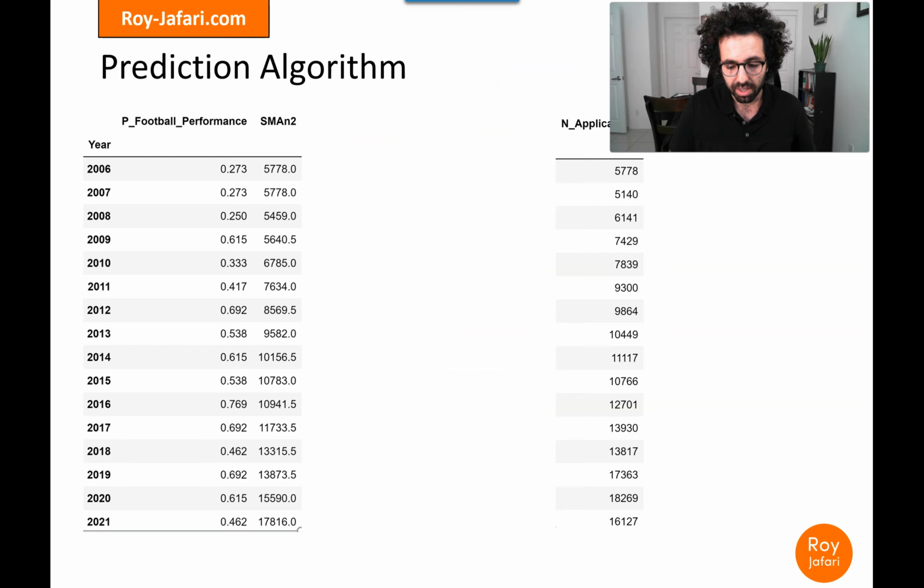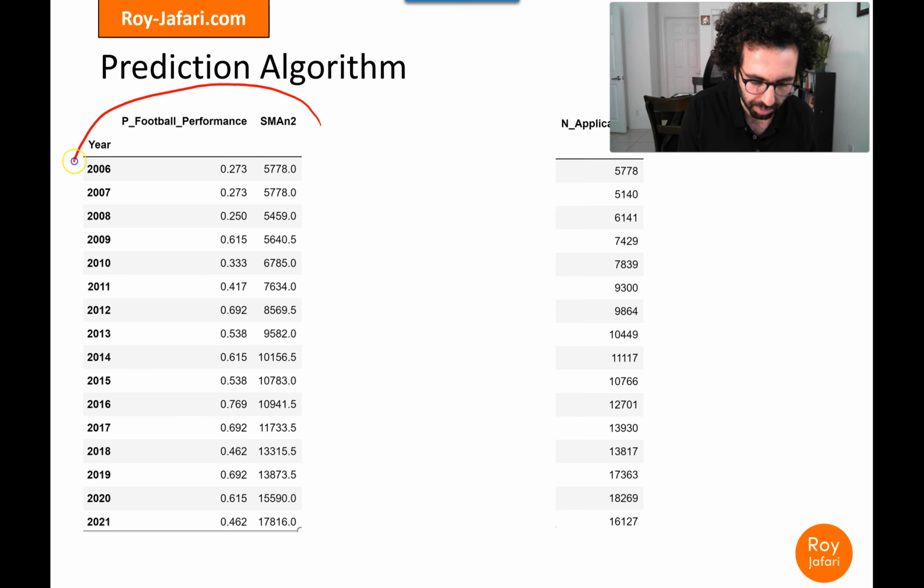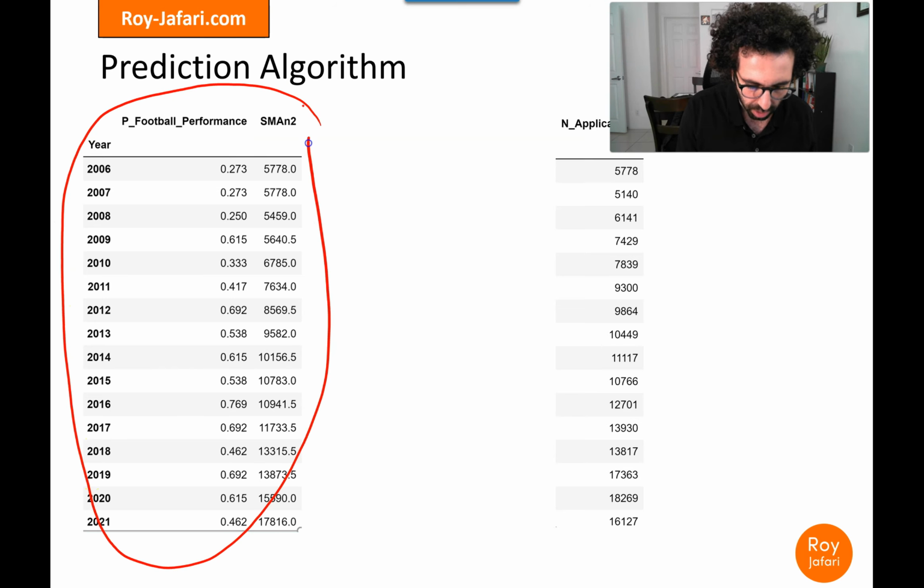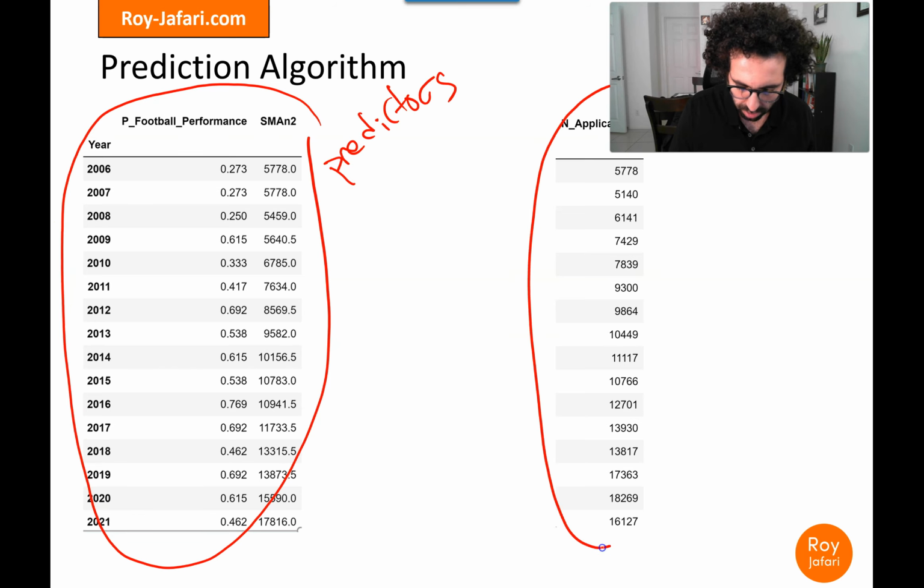But here, for prediction, that's really the essence of the prediction task, the connection between the independent attributes and the dependent attributes. As you remember, these were our predictors, and this was our target.